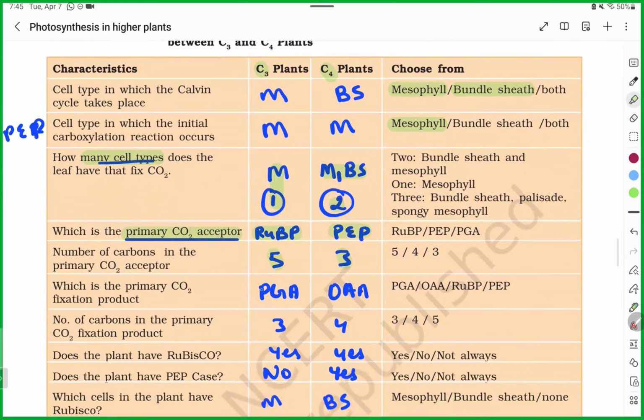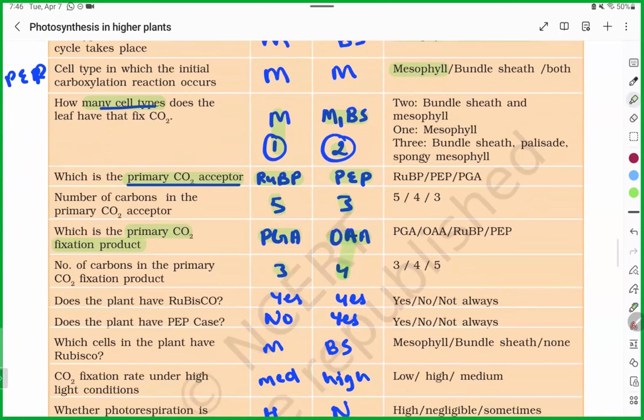Sarah, what is the first CO2 fixation product? 3 carbon PGA in C3 plant and 4 carbon oxaloacetic acid in C4. Next, Devans.